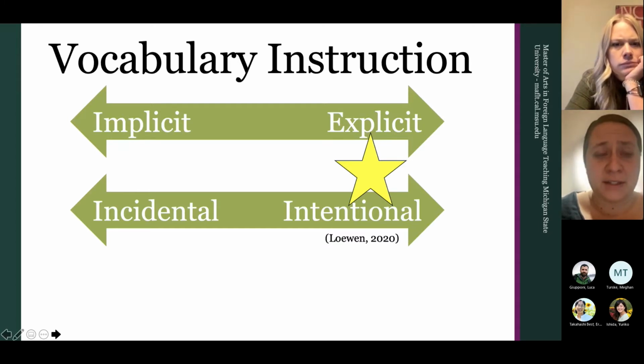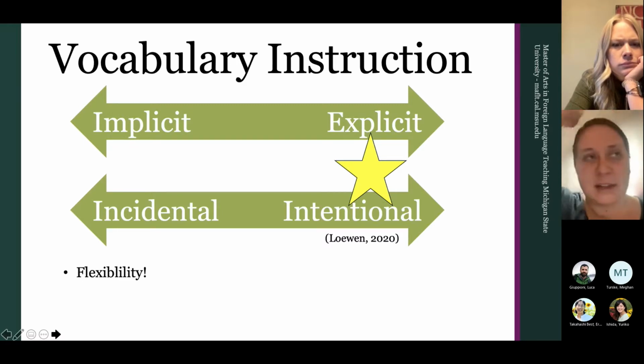So in my context, the reading and writing vocabulary is definitely more on the explicit, intentional side, but because I teach in an immersion classroom, every day we're interacting and the children are learning implicitly and incidentally. And I think with vocabulary instruction, as with a lot of different areas of language teaching, flexibility is important. You adjust according to the needs of the students, according to the content, and according to their proficiency levels.